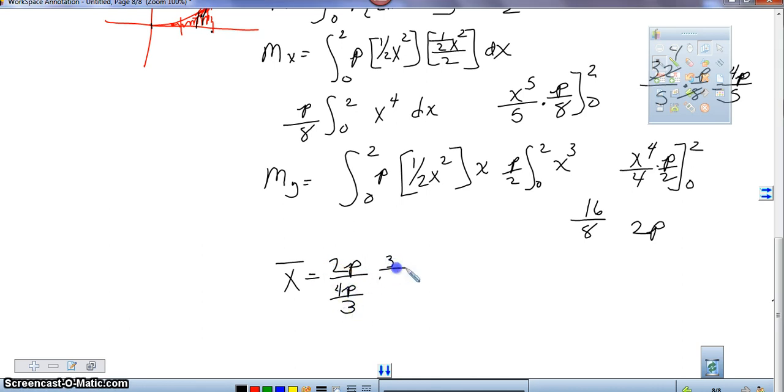So if I multiply by 3 over 4 rho, the rhos cancel and I get 3 halves, which I believe is the right answer. And then if I do the y correctly, I should get 3/5. So what that's saying is right here at 1.5 and 3/5 is my center of mass, right about there.